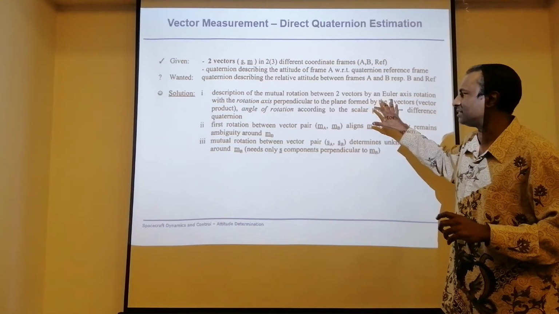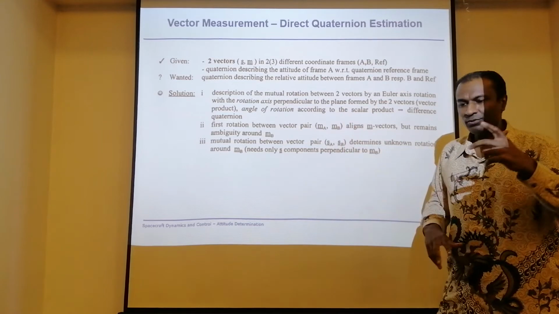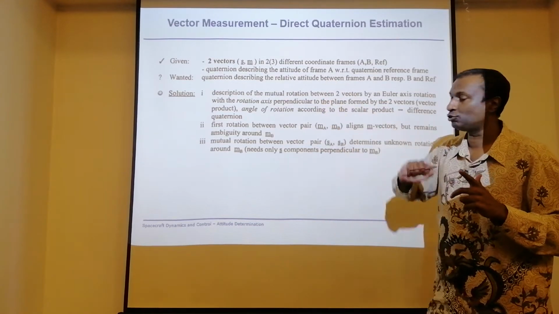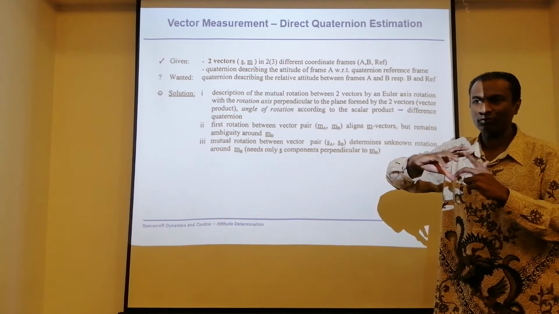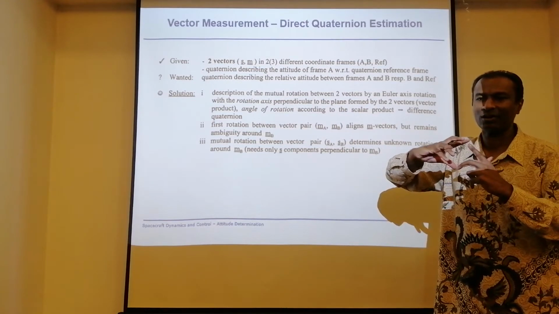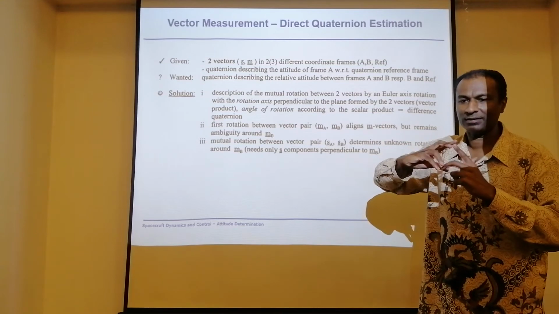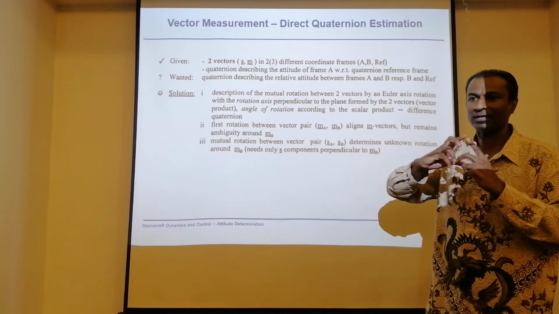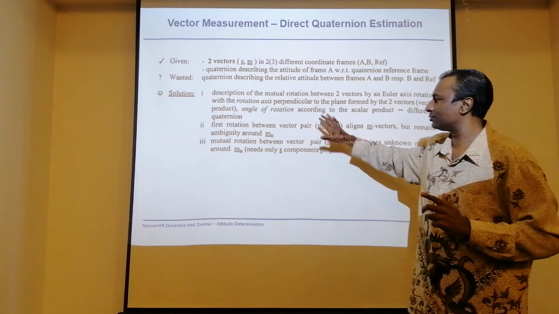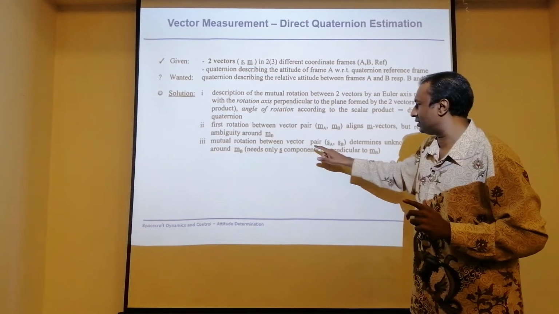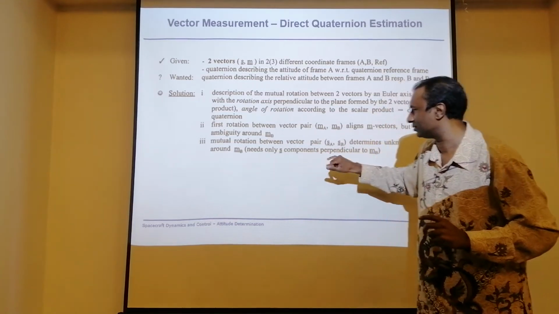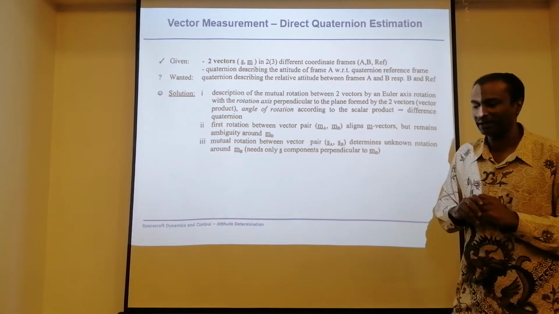What exactly does this tell you? You have mutual rotations between the two measurements in order to find the exact amount of rotated coordinate. So the mutual rotation between the vector pairs determines the unknown rotation around B, which needs only the S component, which is perpendicular to this.